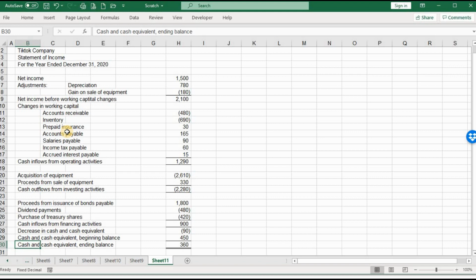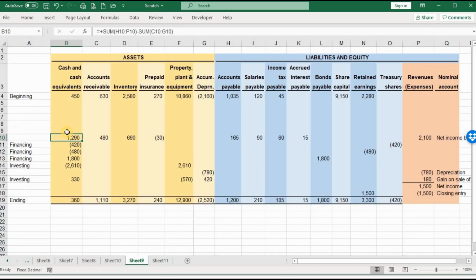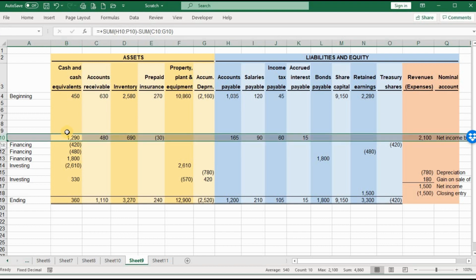Now, let's proceed to the preparation of cash flow statement under the direct method. Now, in preparing the statement of cash flows under the operating activities, this particular row, which is the increase and decrease in the current assets and current liabilities, shall be removed because this is only applicable to indirect method.